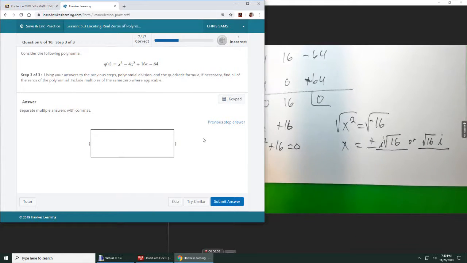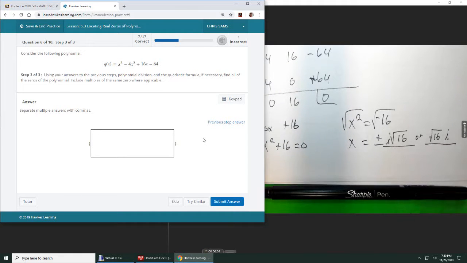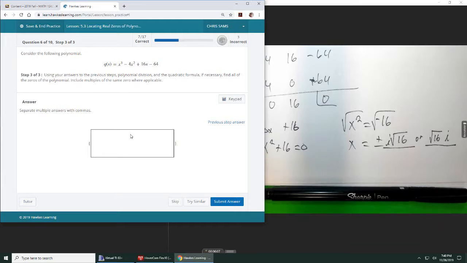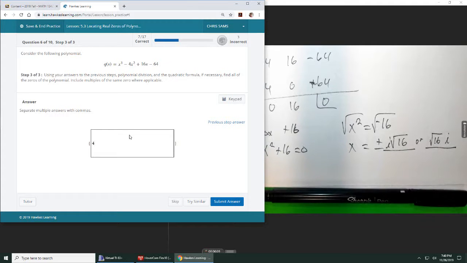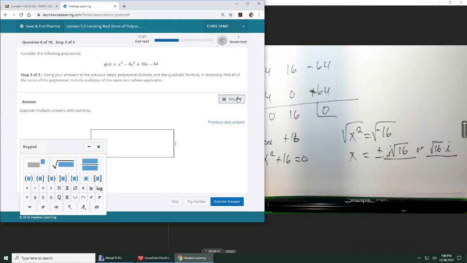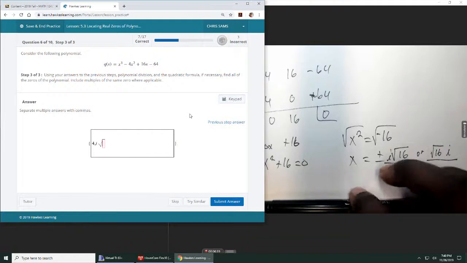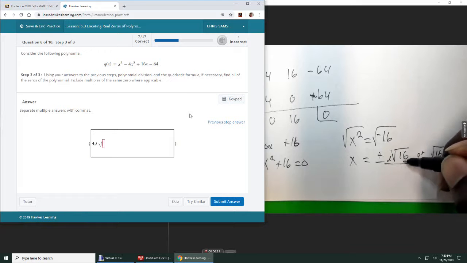So we get 4, and then we get these two, positive square root of 16i and negative square root of 16i. Or actually, I'm sorry, we can evaluate the square root of 16 is 4.